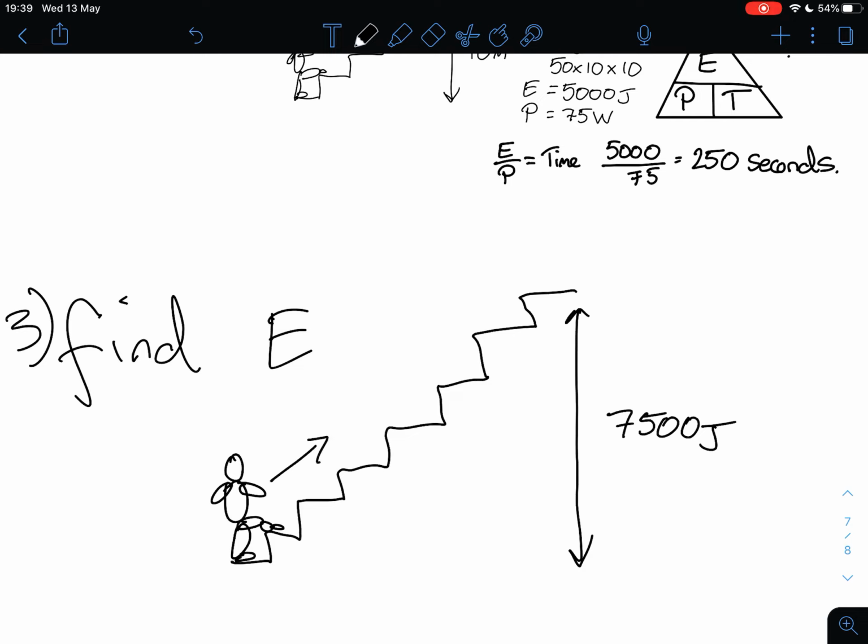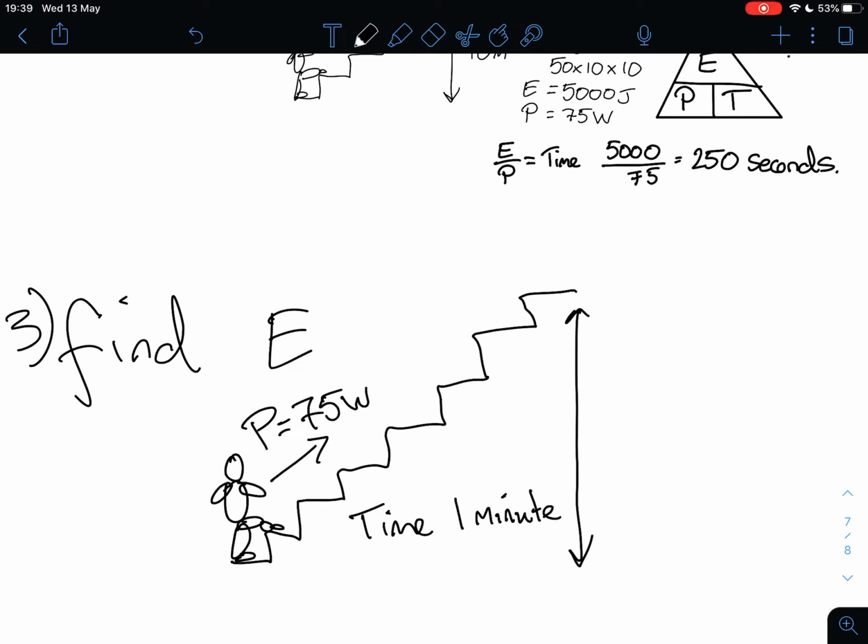They do it in a total time of 1 minute. I've put a trap in here.